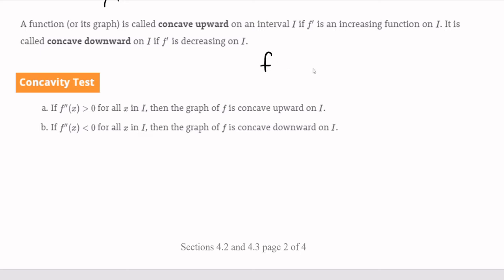We've got f prime, and we had f prime prime. This is going to be concave up if the derivative is increasing. Not positive, negative, increasing. The derivative itself is going up there. This will then be positive.